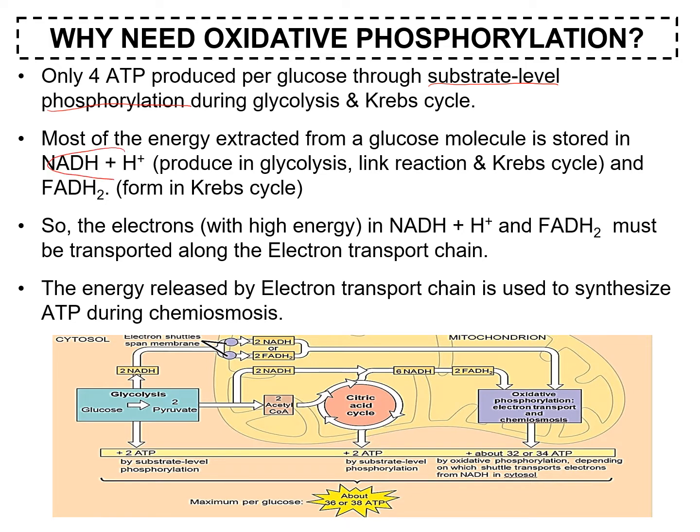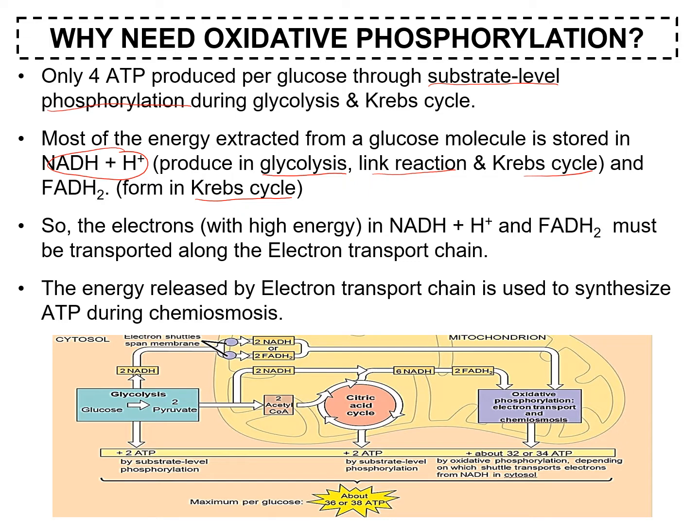The NADH is produced from the glycolysis, link reaction and Krebs cycle, while FADH2 is produced from the Krebs cycle only. So the energy in these two molecules needs to be harnessed to convert into ATP.